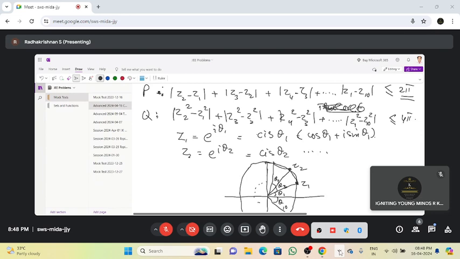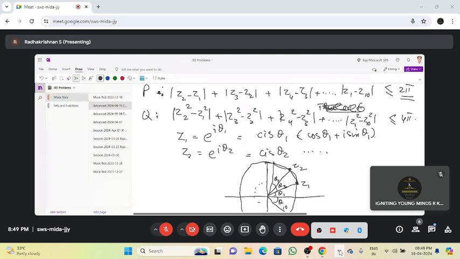Therefore, the sum of all the straight lines has to be less than 2 pi. So that is the option.